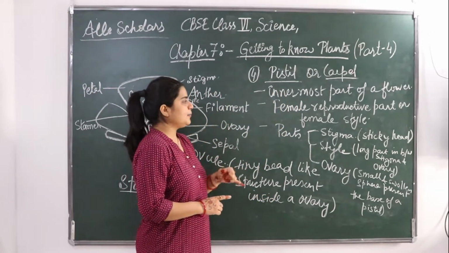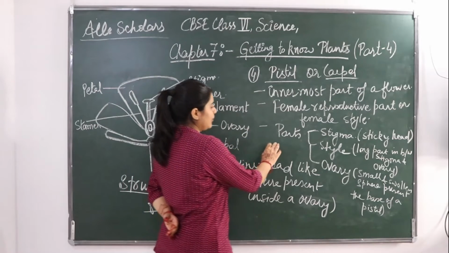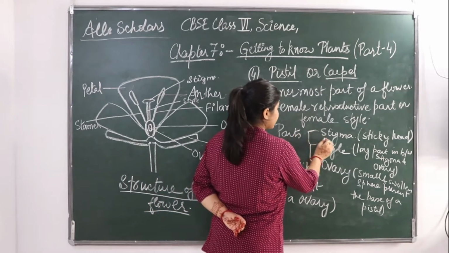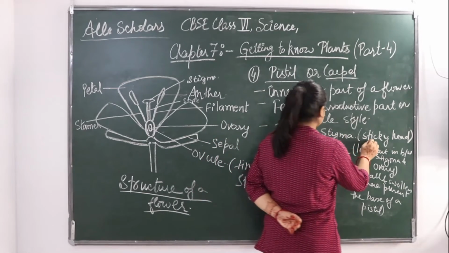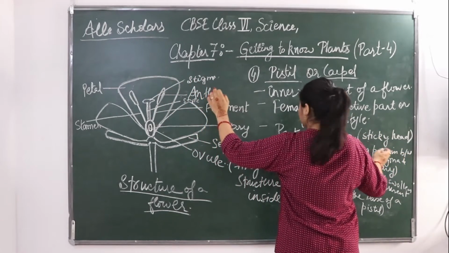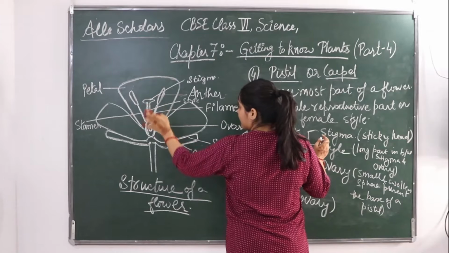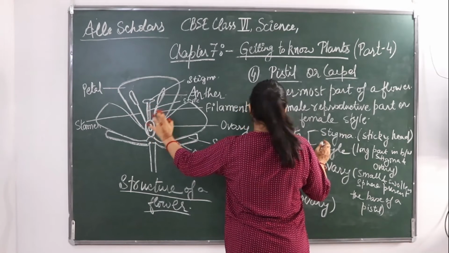It is the female reproductive part. If we talk about its parts, it has got a stigma, a style and ovary. Stigma is the sticky head at the top here, you can see. Then the long part in between the stigma and ovary is a style.